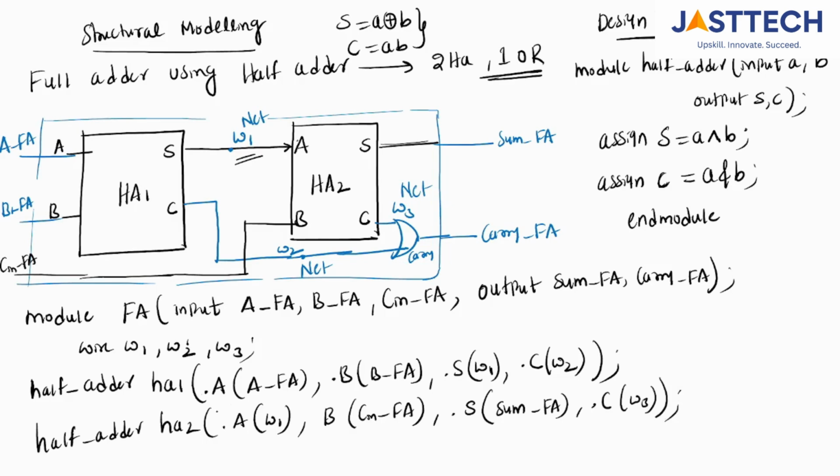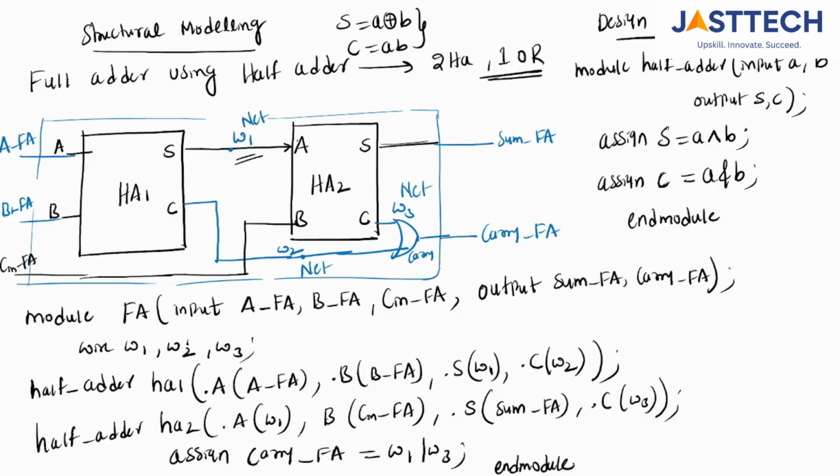Next, last I need to assign. I'm using a continuous assignment statement: assign carry underscore fa equal to w1 OR w3, and end module.